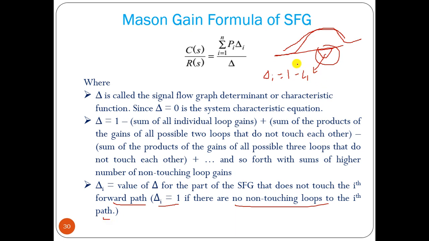For forward path 1, delta 1 equals 1. For forward path 2, delta 2 is 1 minus L1, because this L1 loop is not touching forward path 2. This is how you find the delta I parameter.